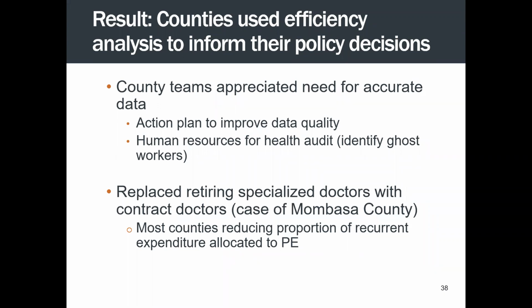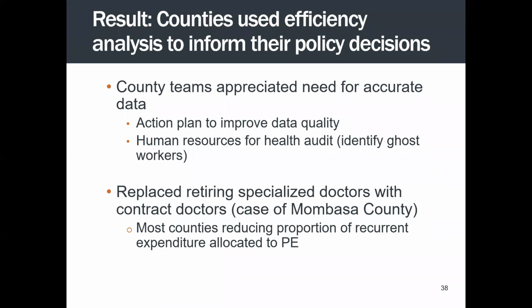More importantly, we've had counties, after realizing what is happening in their trend, replace, for example, retiring specialized doctors with contract doctors, like in the case of Mombasa, because contract doctors are cheaper compared to specialized doctors who are employed on a permanent and pensionable basis.